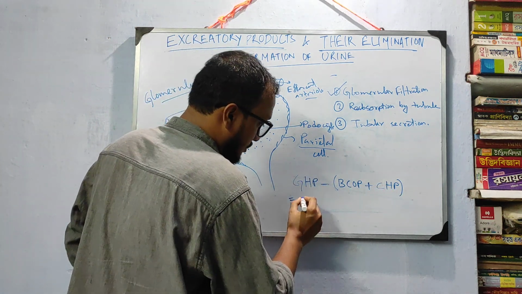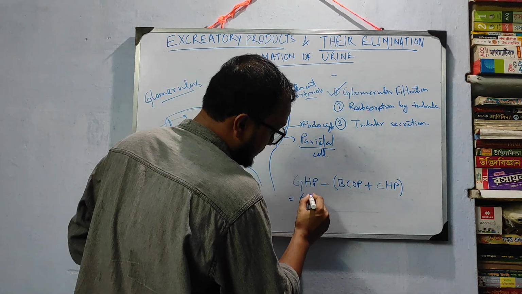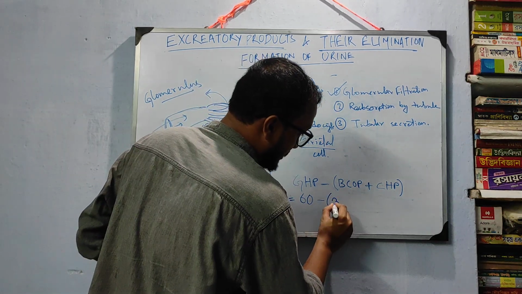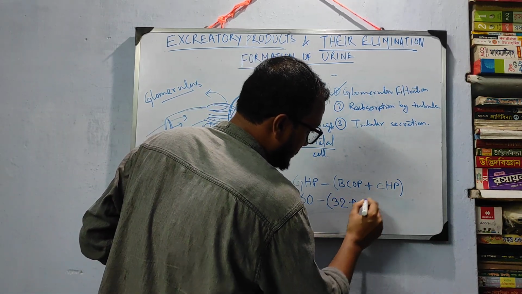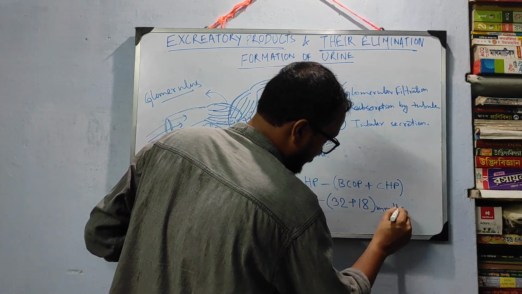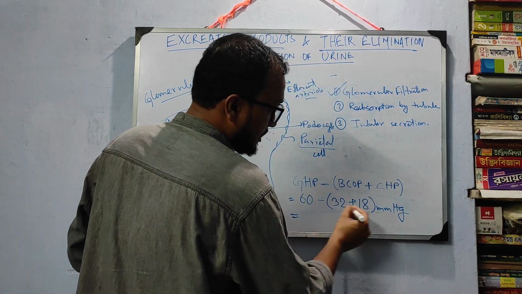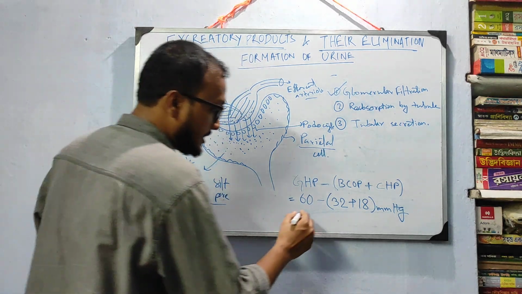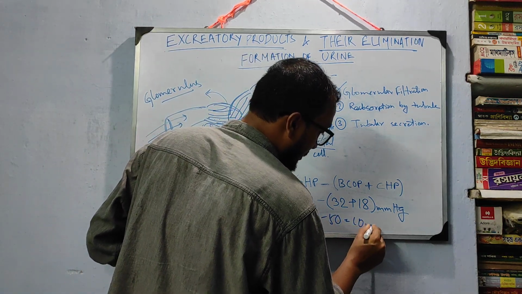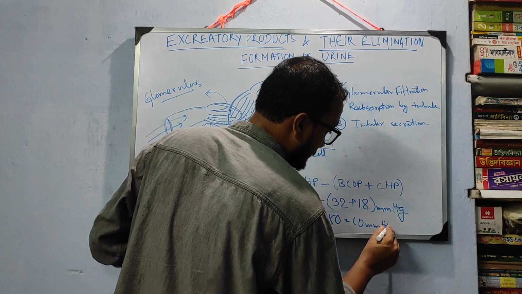So what is the amount of GHP? That is about 60 mmHg. BCOP is about 32 mmHg, and CHP is about 18 mmHg. So 18 plus 32 is 50. So 60 minus 50 will be about 10 mmHg.